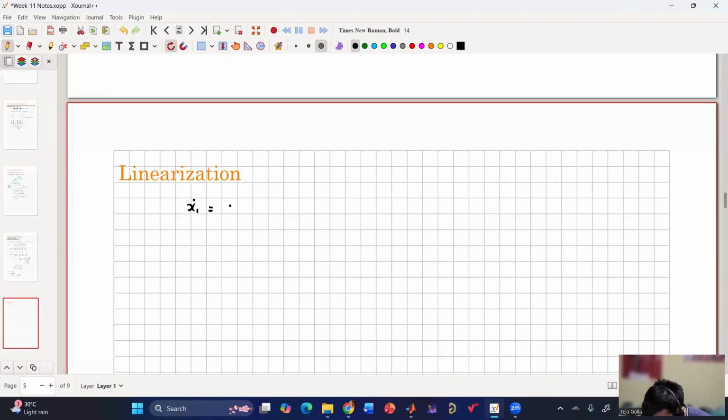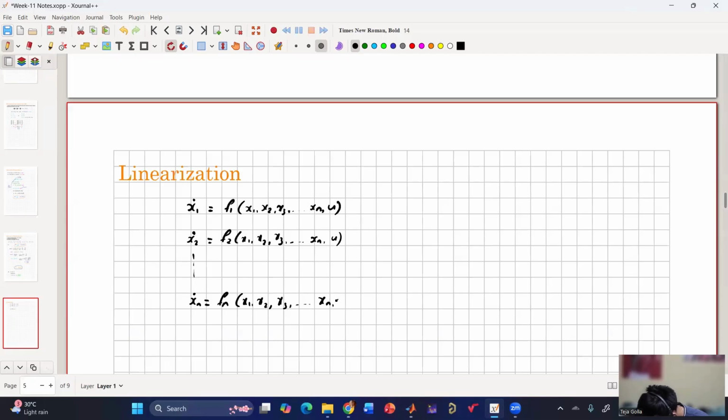But what if it's a function, say f1 of x1, x2, x3 up to so on xn comma u, because it's a function of u. Similarly, x2 dot is equal to f2 of x1, x2, x3 up to so on xn comma u. Similarly, we have xn dot, which is fn of x1, x2, x3 up to so on xn comma u. So these functions are non-linear.